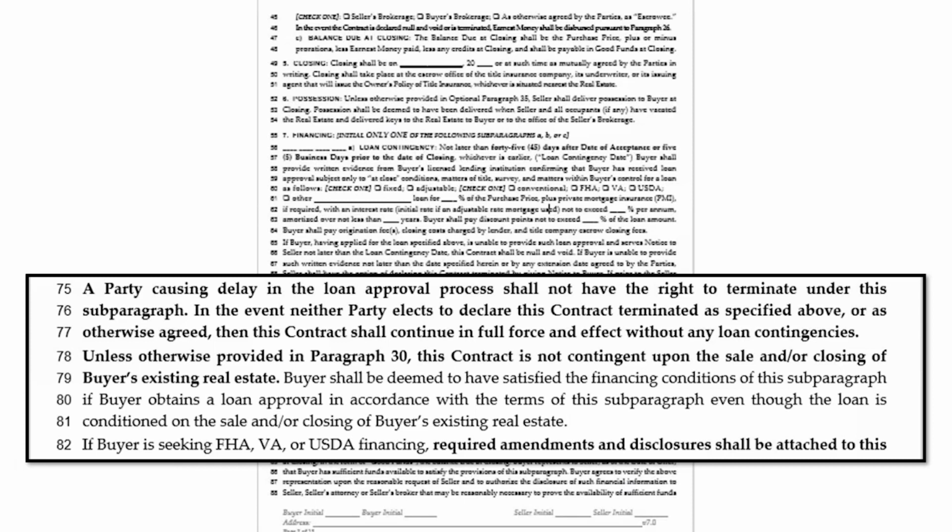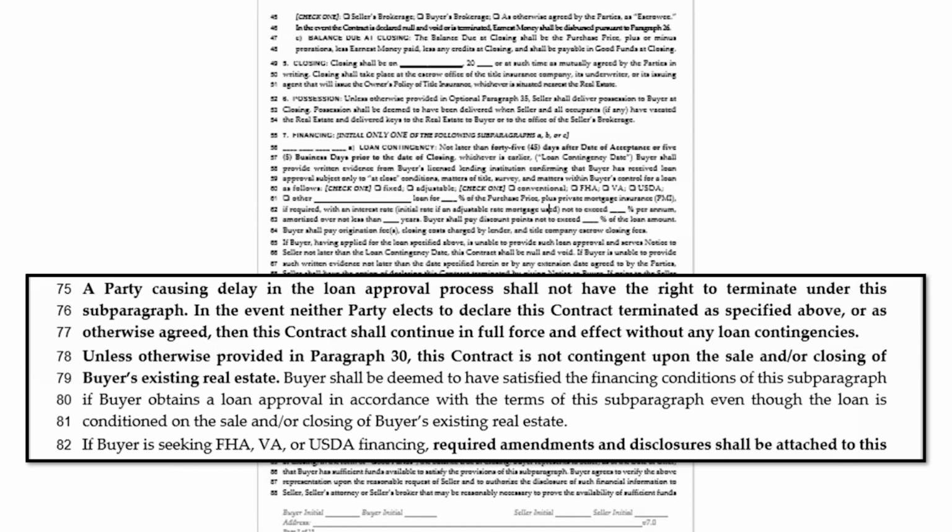So unless the buyer provided in paragraph 30 that this contract is contingent upon the sale or closing of his existing real estate, it is not contingent on the closing or the sale of his real estate. We'll get to paragraph 30 in a little while, but paragraph 30 is the paragraph that you can use on this contract if your buyer has a home to sell and close, or can't buy this house without his closing, even though he already has a contract on it.